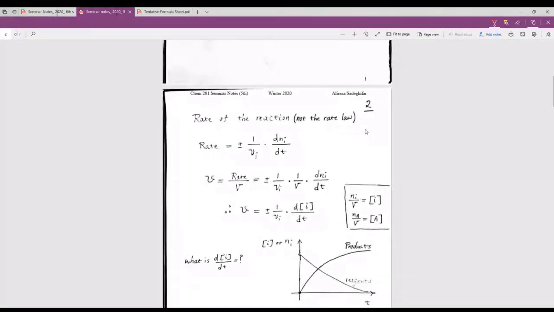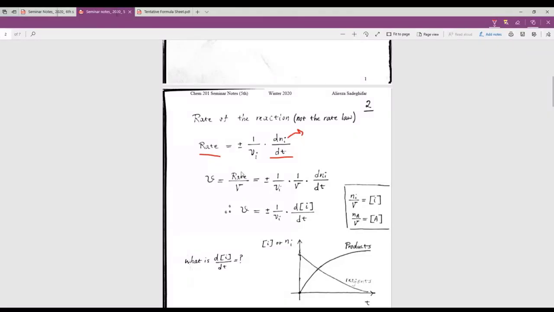In order to do that, we have a definition for the rate. We have different definitions for the rate, and what I'm talking about here is the rate with respect to the derivative of the number of moles, Ni.